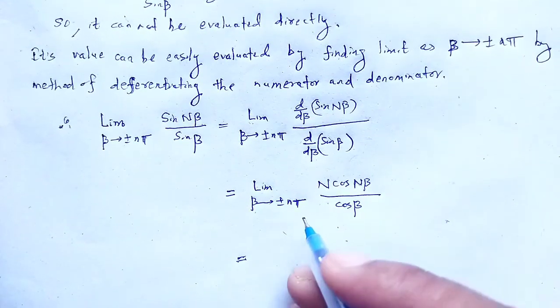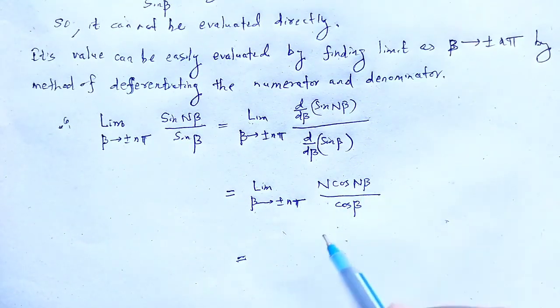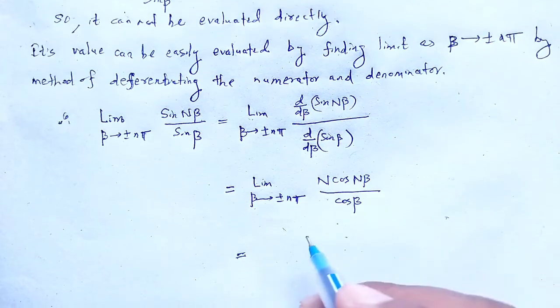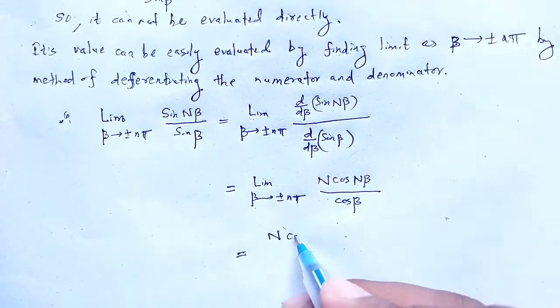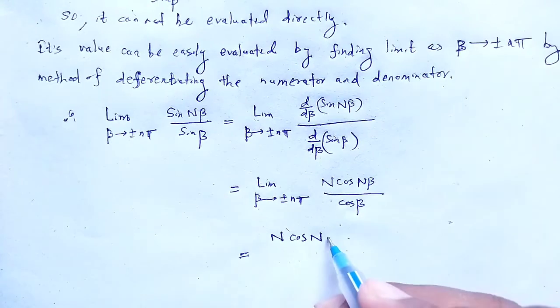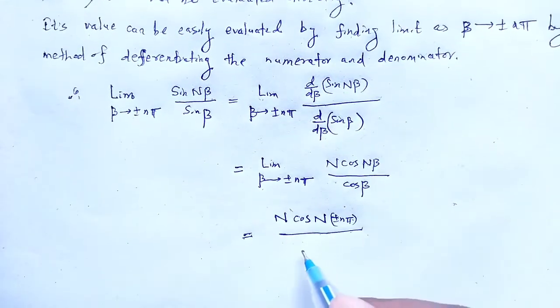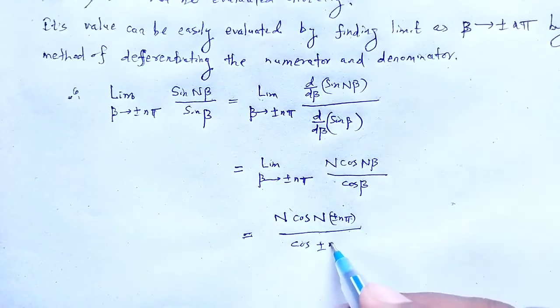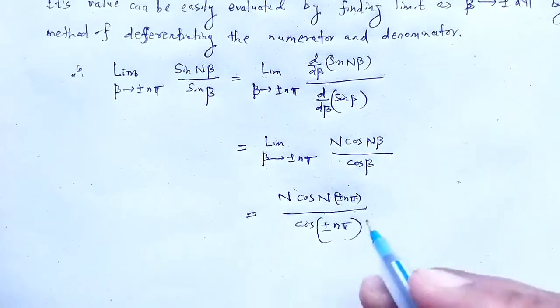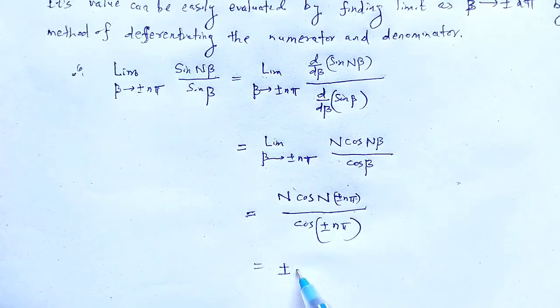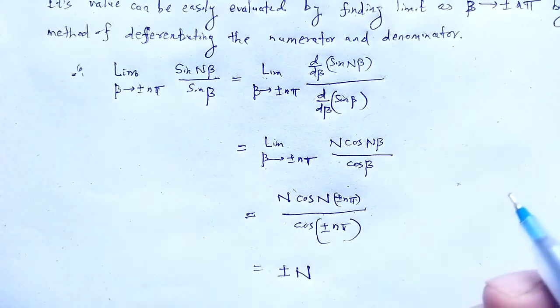Now, evaluating that limit, putting n pi in place of beta, n cos of plus minus n pi divided by cos of plus minus n pi. So, its value will be plus minus n.